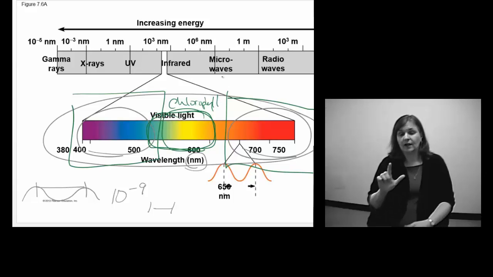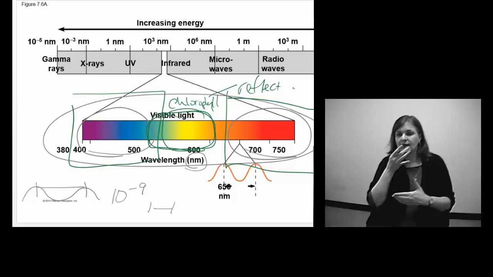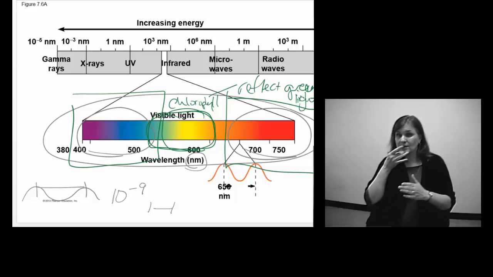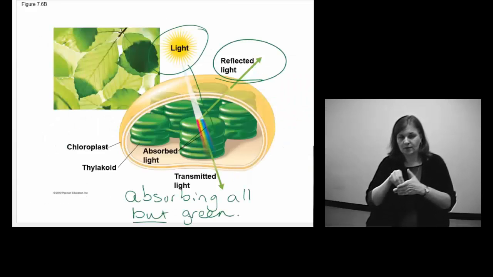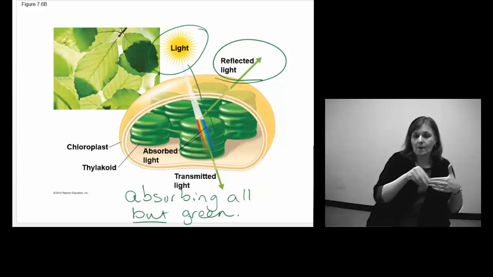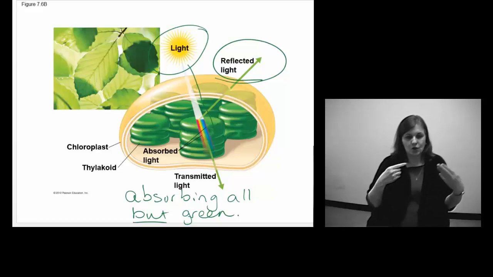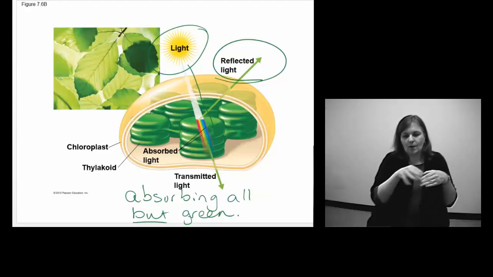We reflect green light. If you are reflecting the light, you cannot use its energy. So when we absorb all of the other colors, that's what we're interested in. The red and blue in particular, not the green.